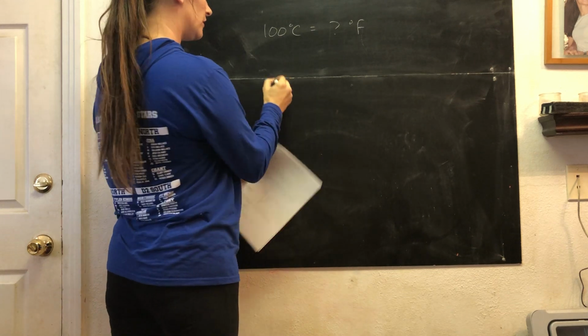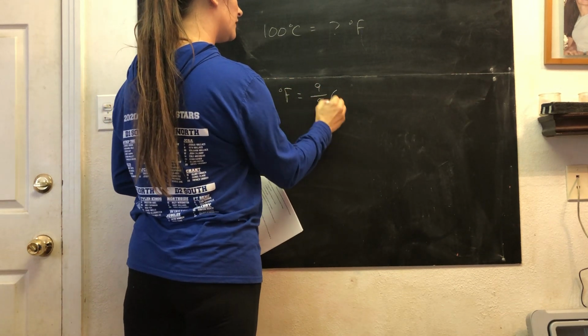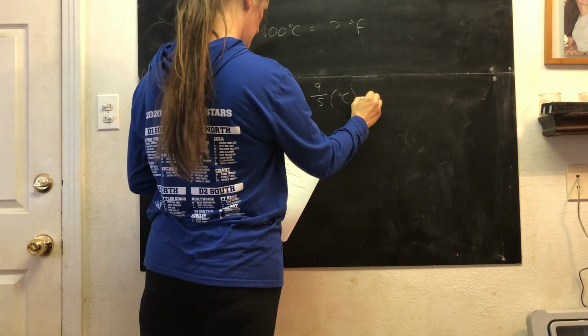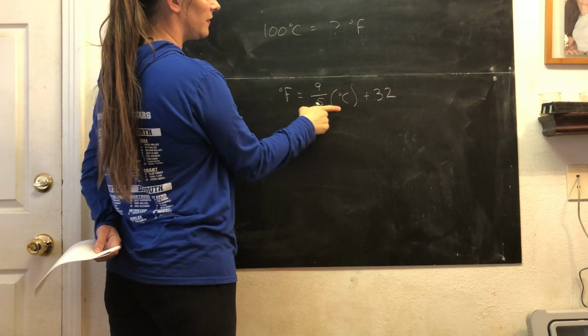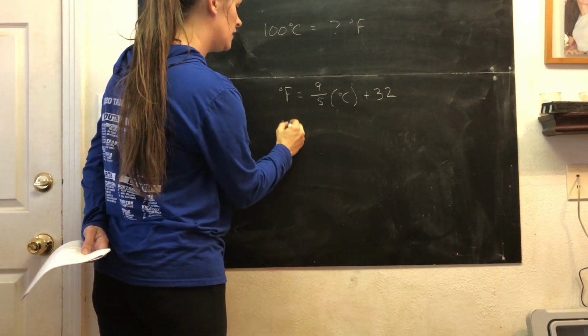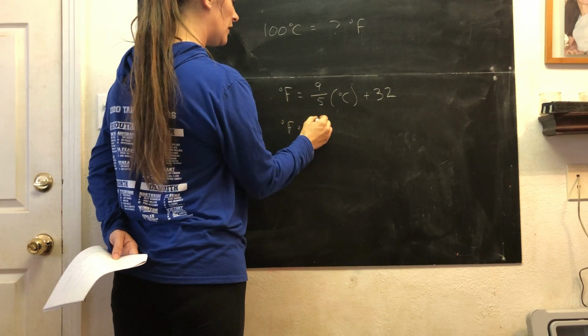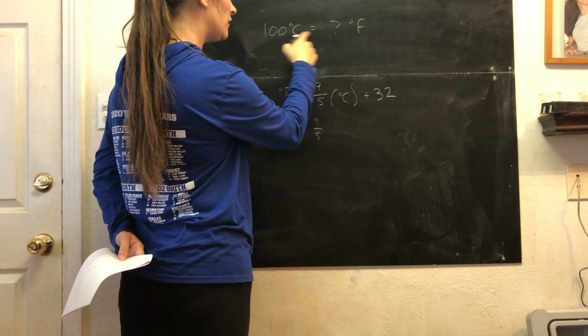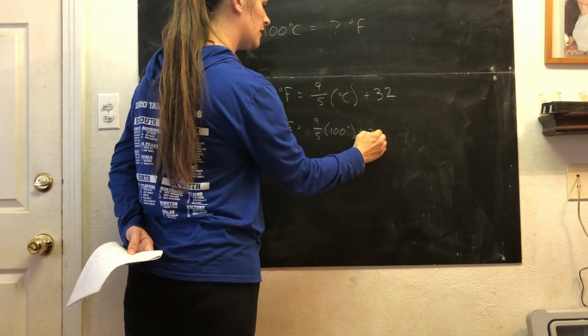Well, we have our equation. Degrees Fahrenheit equals 9/5 times the degrees Celsius plus 32. So we know our degrees Celsius, we can plug it in. And you can pause it and try this on your own if you want to. Degrees Fahrenheit equals 9/5 times the degrees Celsius, so we'll plug that in, plus 32.